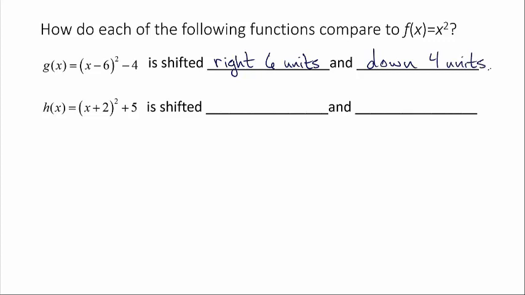Okay, so in the next example of h of x equal to (x plus 2) quantity squared plus 5, remember what we were just talking about. If you're adding inside the parentheses, x plus 2, it's actually shifting it to the left. So this one's going to go to the left 2 units and up 5 units.